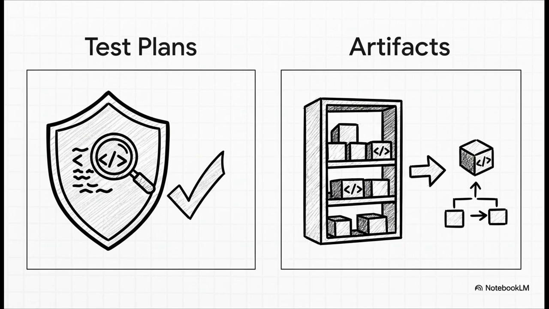It handles everything from your formal, planned-out tests to more free-form exploratory testing. It's all about making sure the final product is as bug-free as possible. And then you've got Azure Artifacts. Think of this as your team's private library of code. It lets you package up useful bits of code and share them across different projects. So instead of reinventing the wheel every time, you can just grab a component you've already built. Super efficient and super secure.